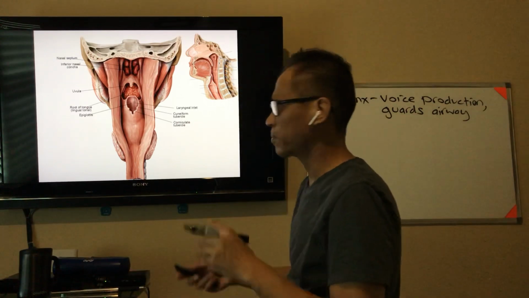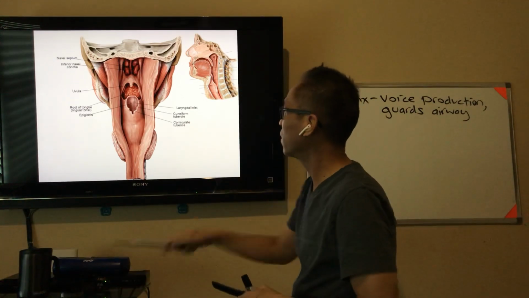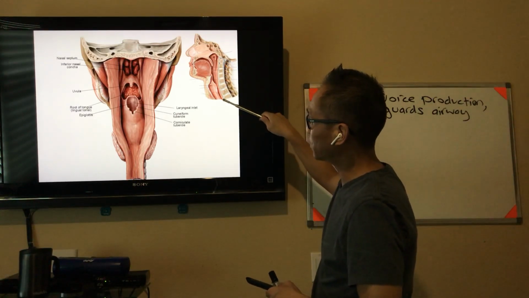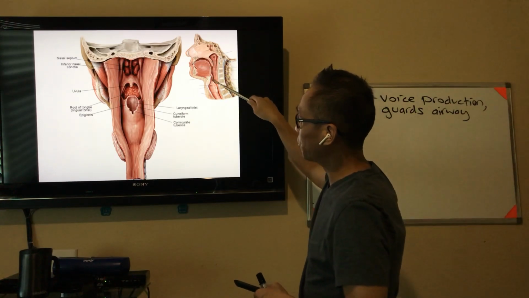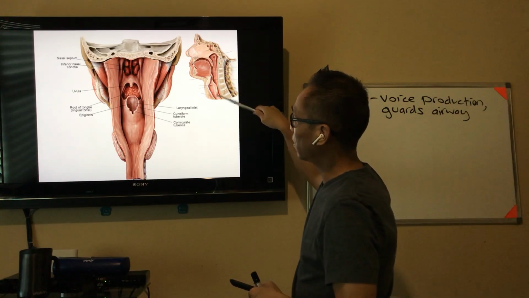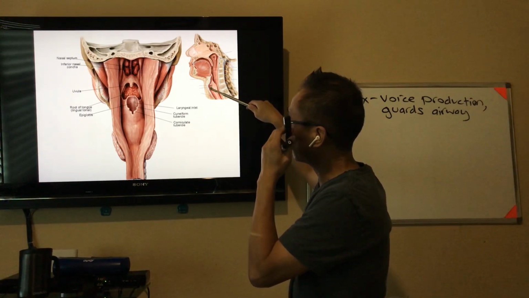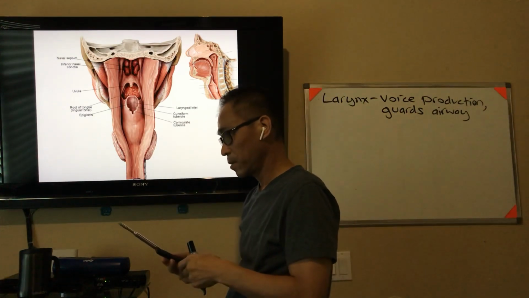I'm sorry, it's the route for air. The route for food as you swallow should go down posterior to the airway, which is the esophagus. That's the food way. The airway, as you breathe air in, should go down from the laryngopharynx into the larynx, right there.